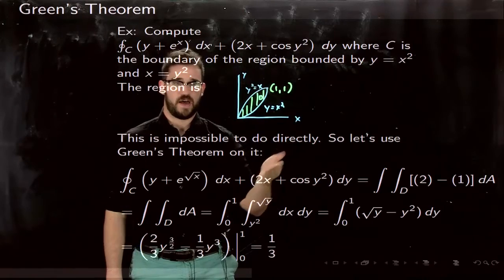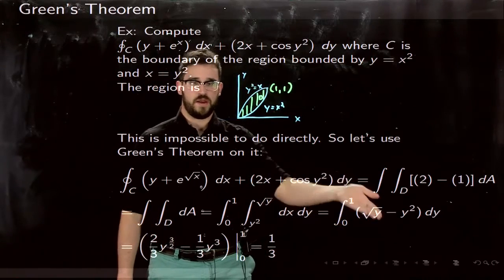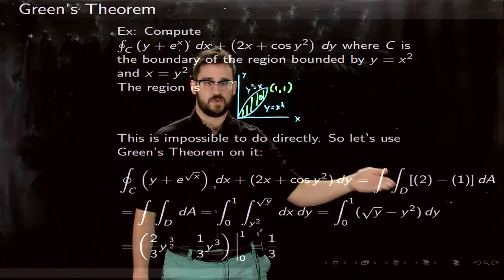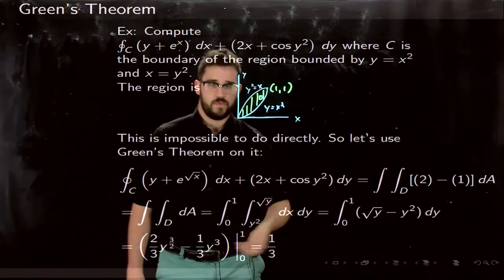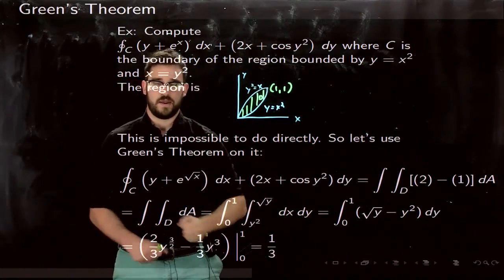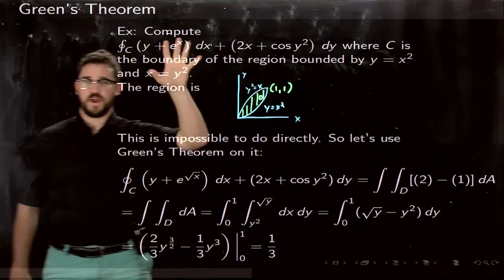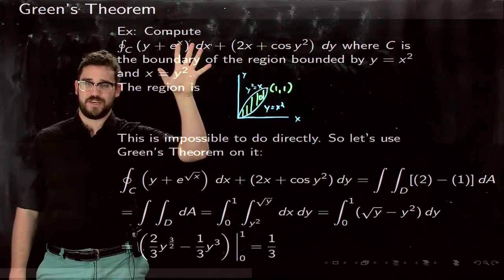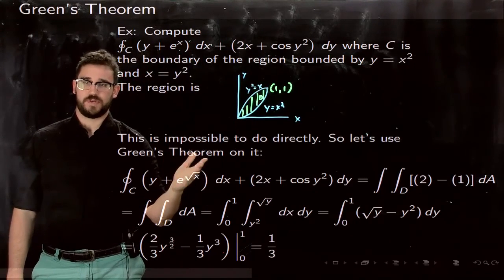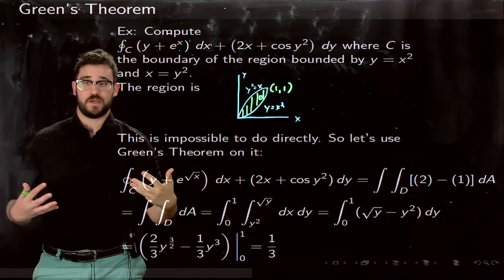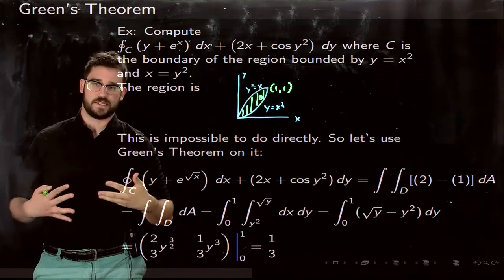We can simplify this as the integral from 0 to 1 of square root of y minus y squared dy, and then we can do that integral, and we get 1/3. So this very complicated integral was so much simpler once we used Green's theorem. It's really good to be able to start piecing our pieces together.